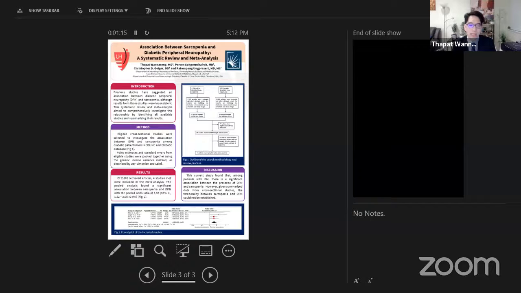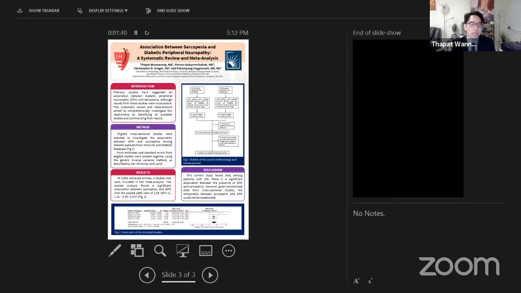We did an extensive search in both Embase and Medline databases, identifying all eligible cross-sectional studies that met our criteria. Unfortunately, there was no cohort or case-control study available. From over 2,000 studies, we found 4 cross-sectional studies that met the criteria, and we performed the meta-analysis.